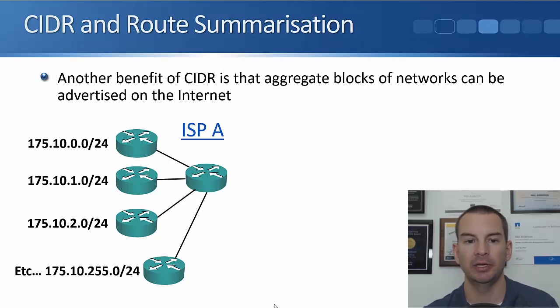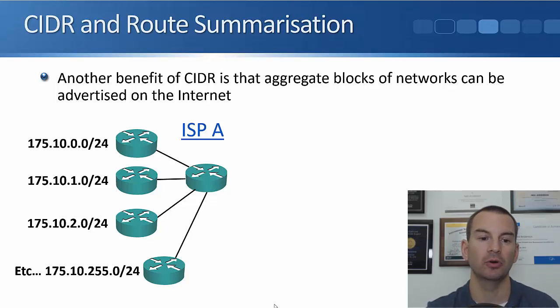You see in the example here, we've got ISP-A. And they have allocated the address blocks that you see on the left. So one company got 175.10.0.0/24, another one got 175.10.1.0/24, 175.10.2.0/24, etc., all the way up to 175.10.255.0/24.